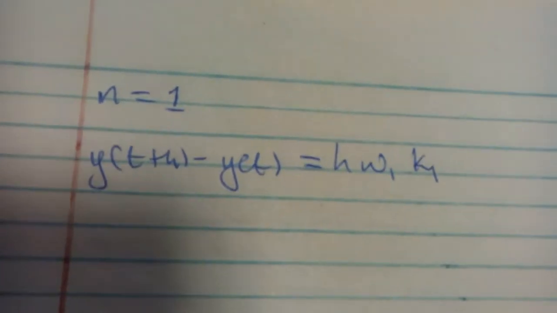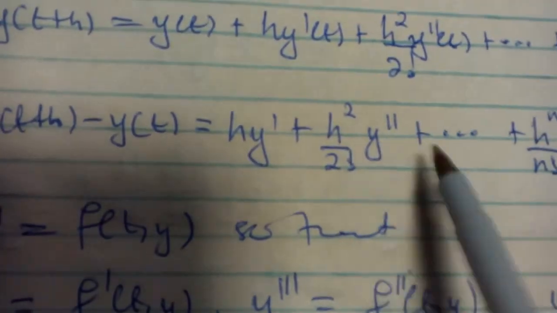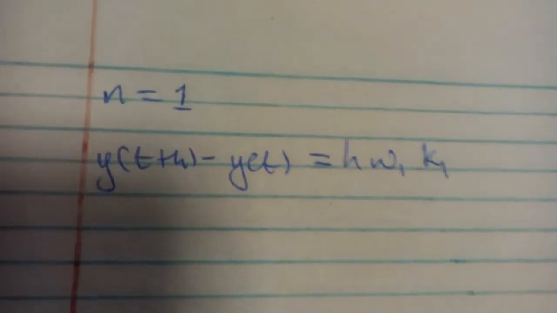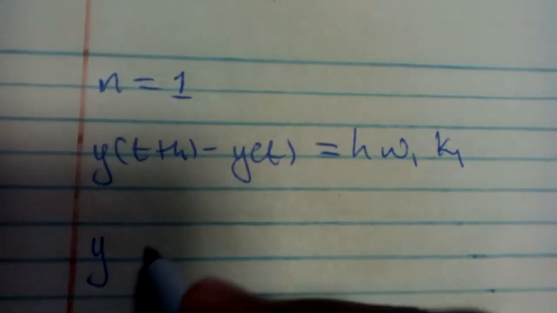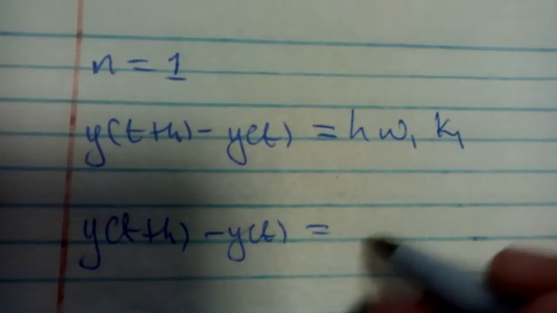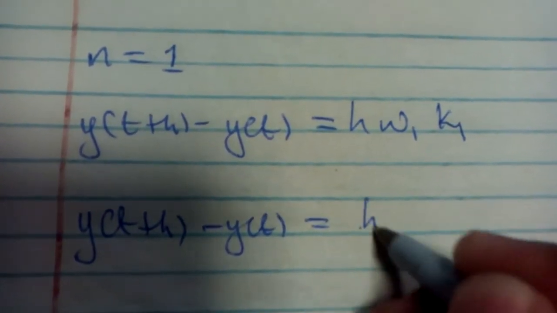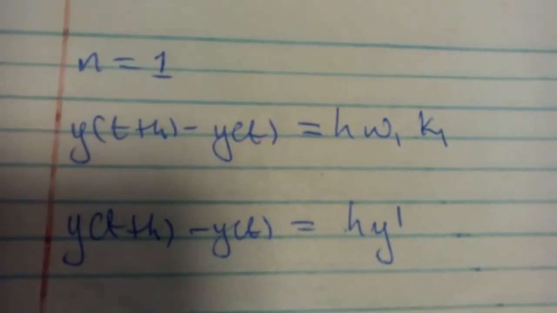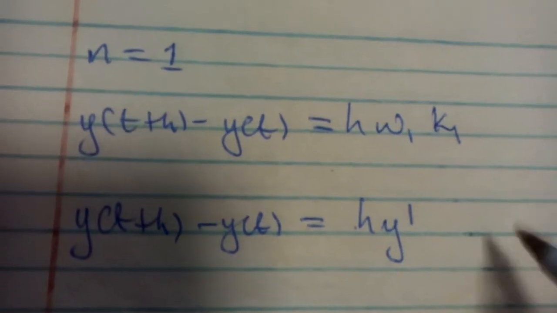And from double star, we truncate all second order terms, that is h squared terms, so that we are comparing now y prime. But what is y prime?